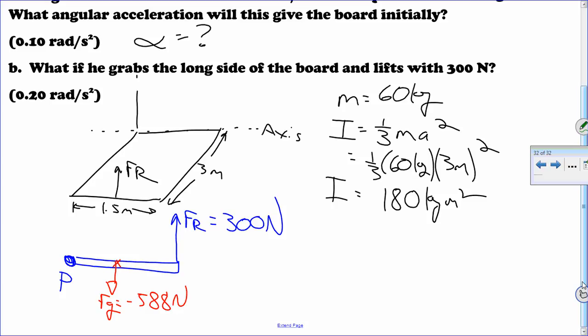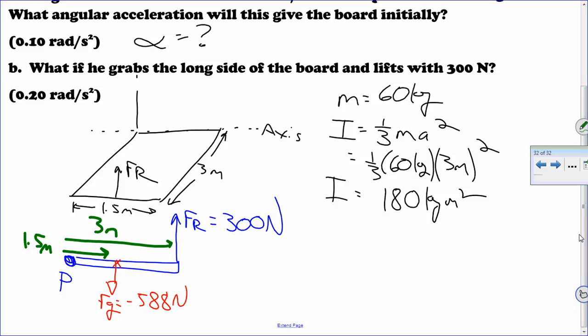All right, so let's see, my 2 distances. So this distance here is going to be 3 meters, and this one's going to be 1.5 meters, right? Follow? Is everybody okay?